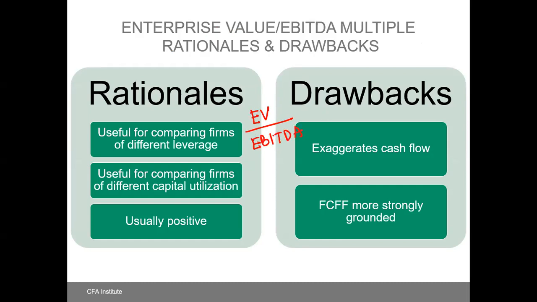So you see that enterprise value over EBITDA is more useful for a firm which has differing leverage structure. So why? Because as you have taken the enterprise value, you are thinking of the firm as a whole, in terms of a stock plus in terms of bond.